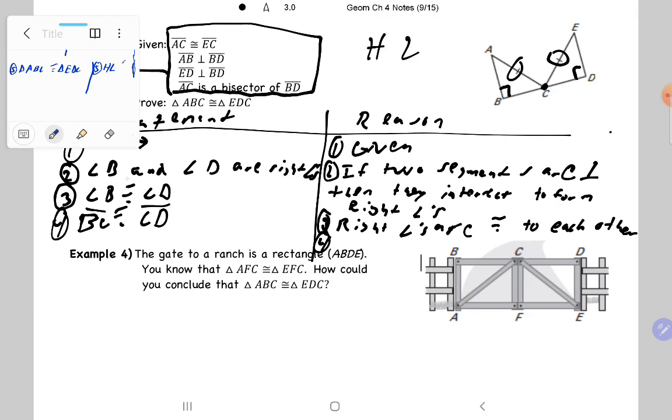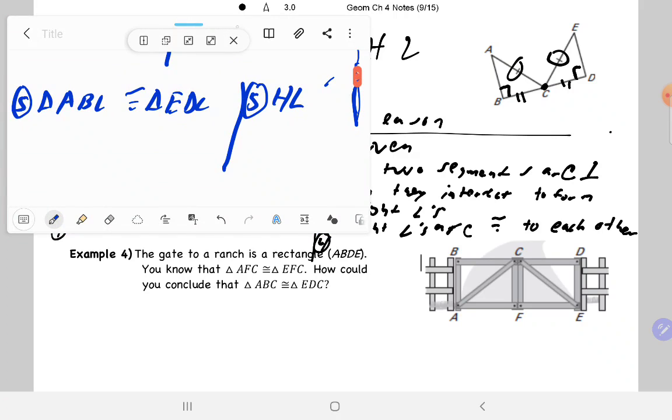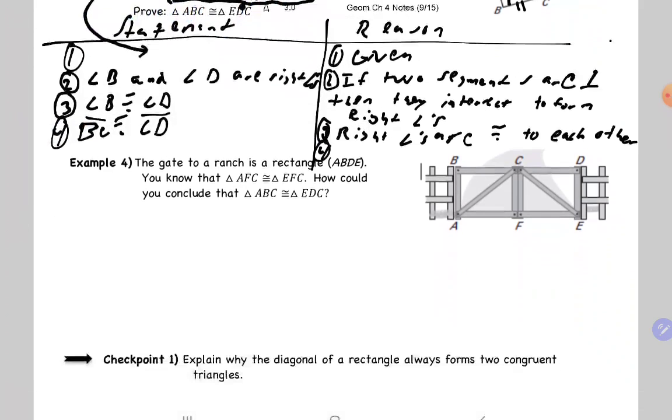So that's where I got angle B and angle D are right angles. AC is a bisector of BD. That means these two segments here are congruent, BC and CD. So now that I have a hypotenuse leg and we know that this is a right triangle, we can show finally that these two triangles are congruent.